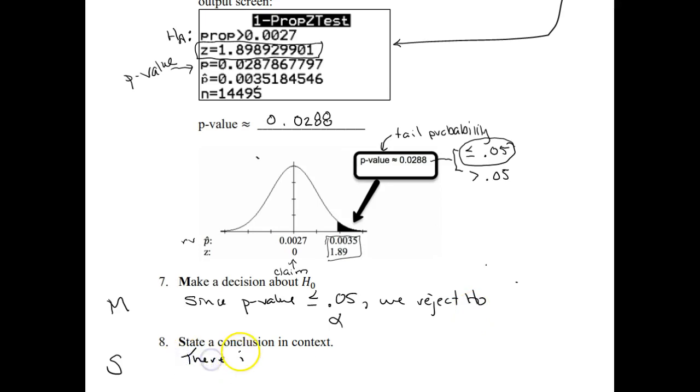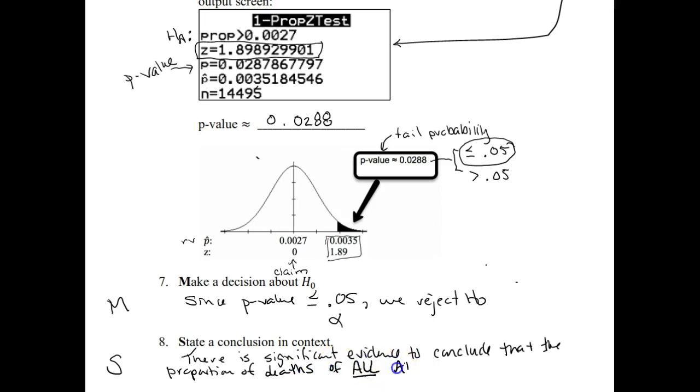In this case, we're going to say there is significant evidence to conclude that the proportion of deaths of all Aboriginal prisoners is more than, that's what our alternative hypothesis said, it had the greater than symbol, is more than that 0.27%.